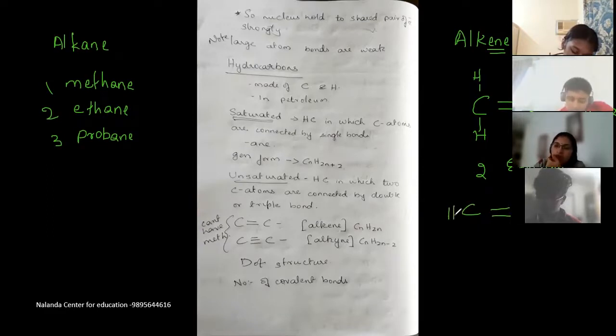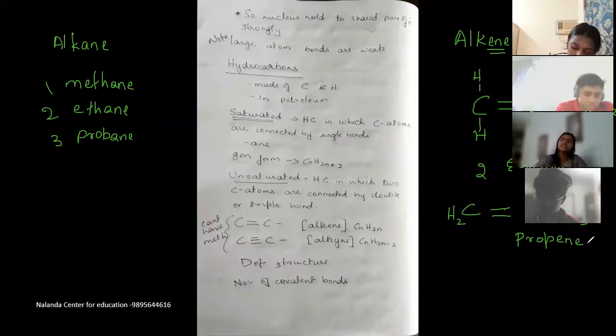Now only 2 are free, which will be given to hydrogen. This carbon has used up its 3 hands. Only one hand is free, which is given to the hydrogen. This carbon has used up one of its hands and 3 hands are free for this particular carbon. So that is going to be given to 3 hydrogen. So this is the formula of propene.